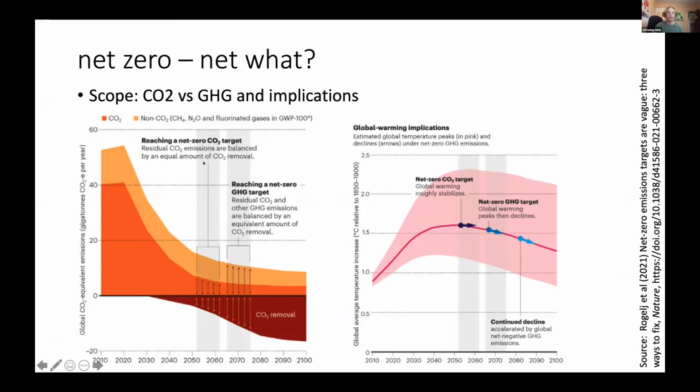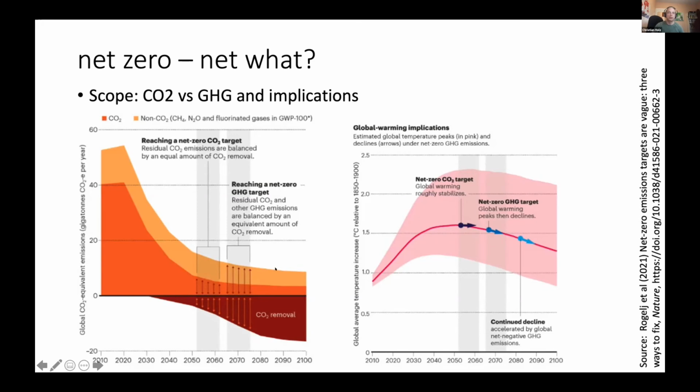Here's an illustration that shows around this time this scenario has carbon dioxide neutrality, or net zero carbon dioxide, and net zero greenhouse gases only around this time, when the carbon dioxide removal is large enough to offset not only the remaining carbon dioxide emissions, but also the carbon dioxide equivalent of the remaining non-carbon dioxide greenhouse gas emissions.